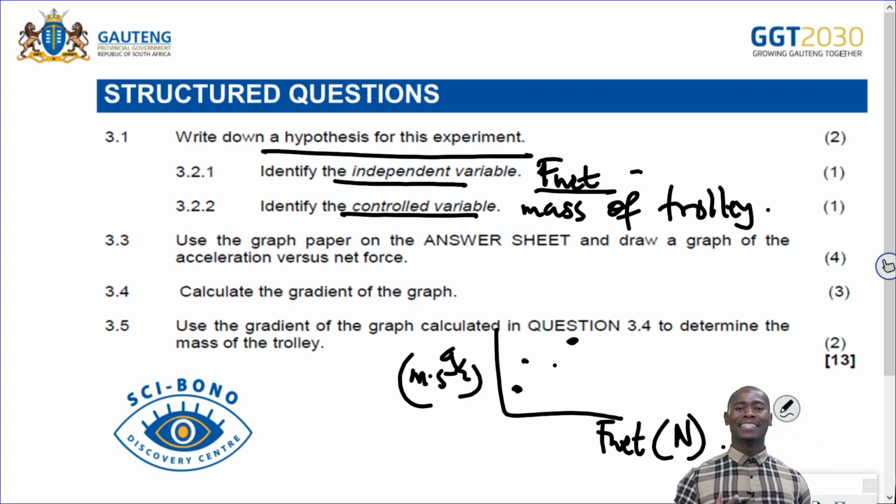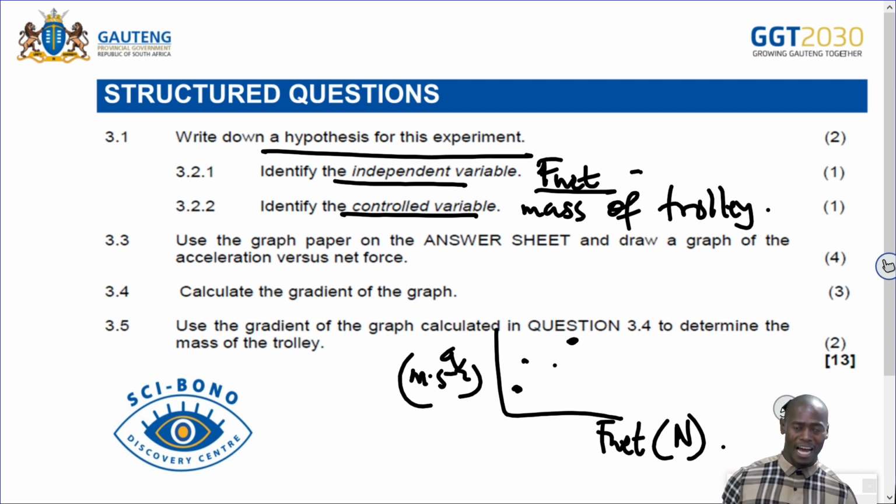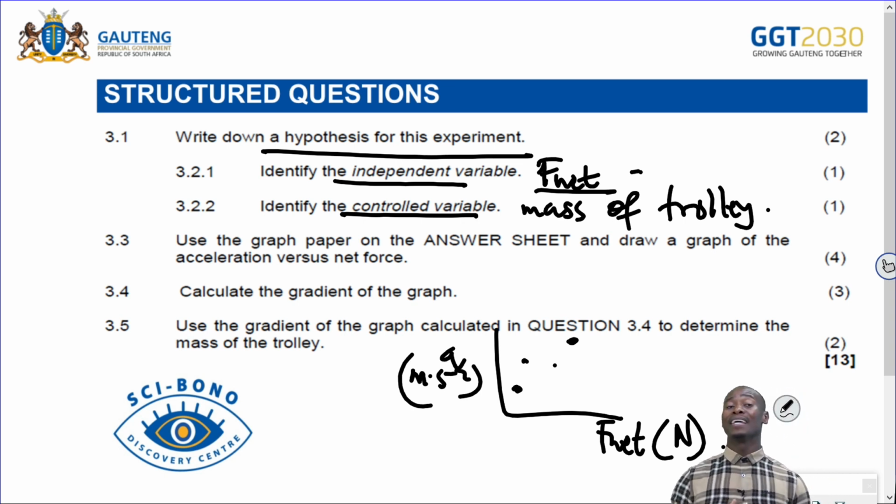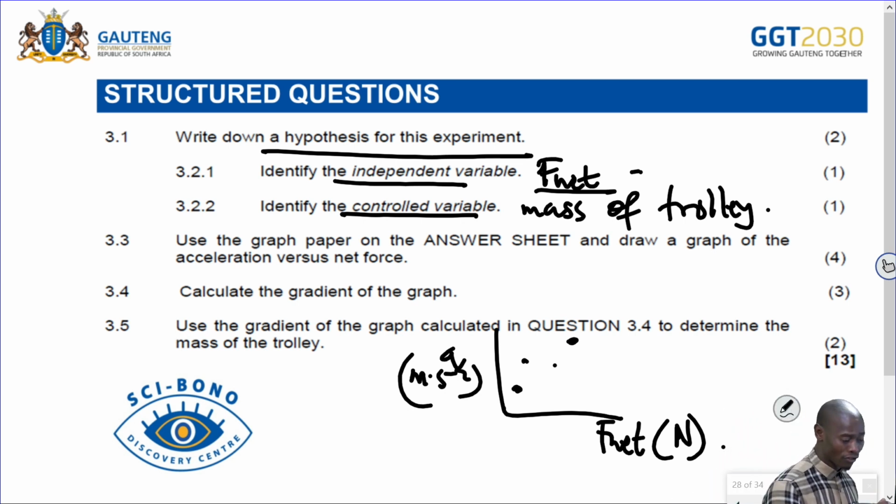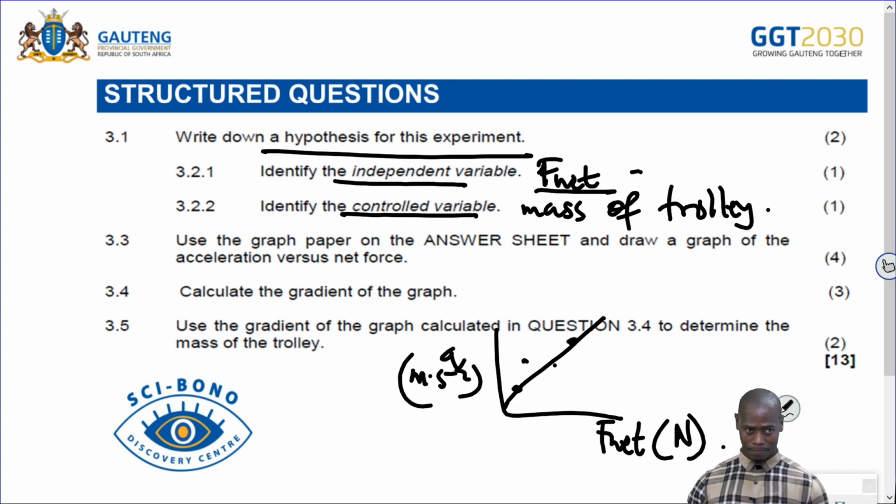Proportional, which means that, like it or not, your graph should start from the origin, right? Your graph or your line should start from what? From the origin. So it should be a graph that shows the direct proportionality between the acceleration and the net force, right? So your graph should start from the origin, and then most points must be on the line. It's what we call the line of best fit, all right?